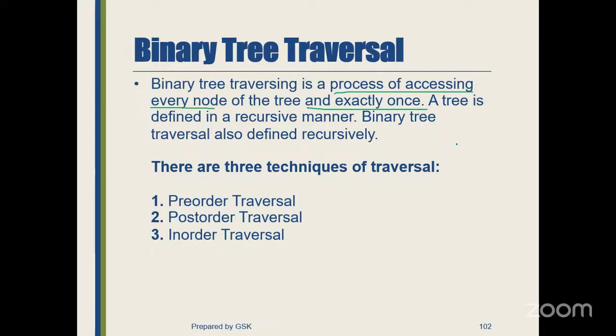A tree is defined in a recursive manner. Binary tree traversal is also defined recursively. We can apply the same definition recursively while visiting each and every node. There are three techniques of traversal: pre-order traversal, post-order traversal, and in-order traversal.